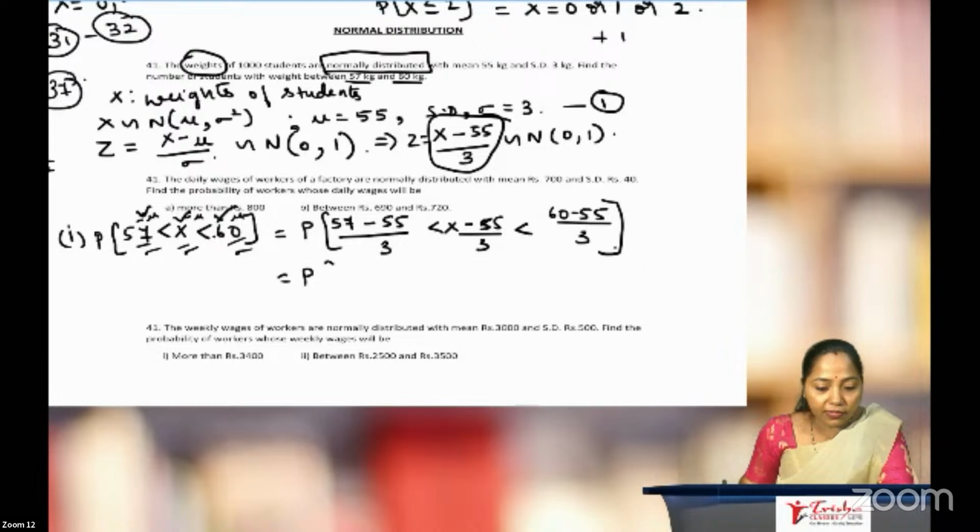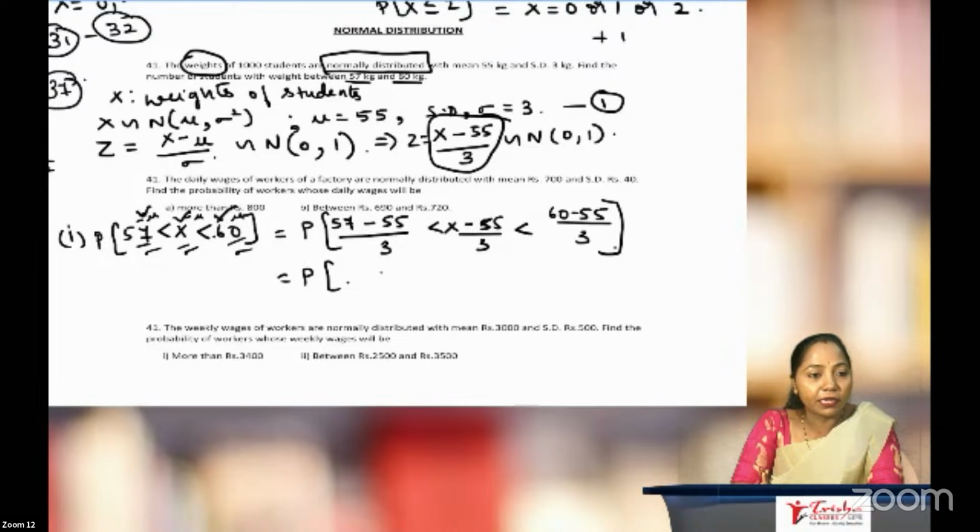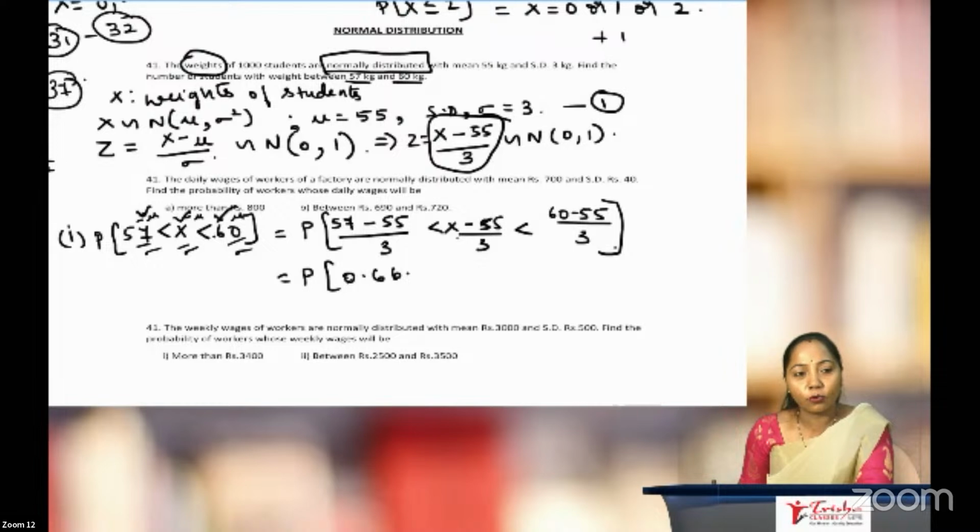Can you tell me what is 57 minus 55 by 3? Is it 0.66? And what is 60 minus 55 by 3?